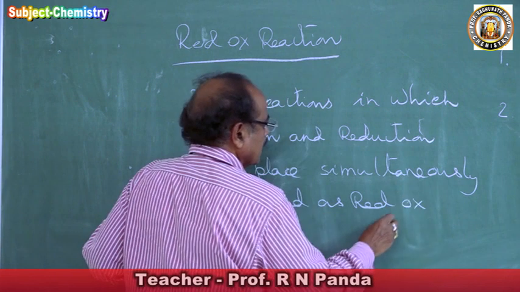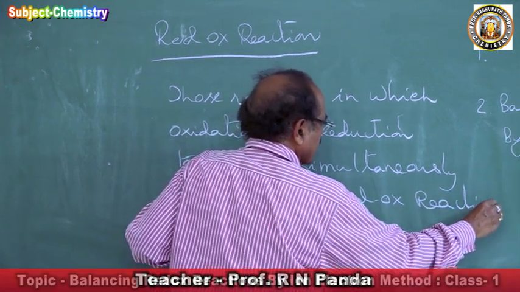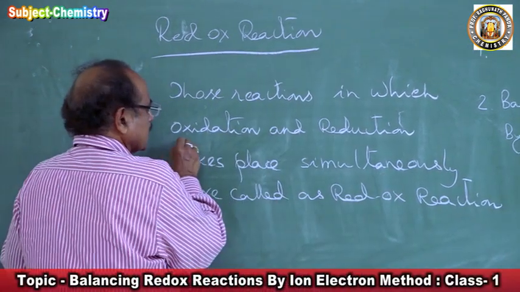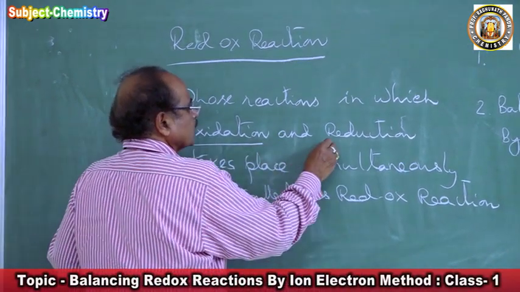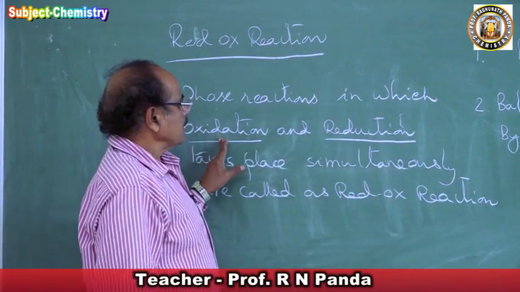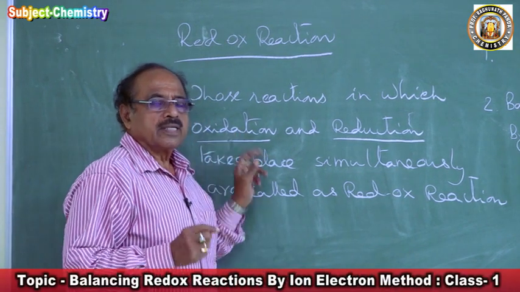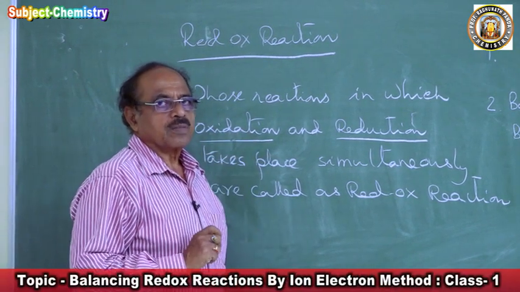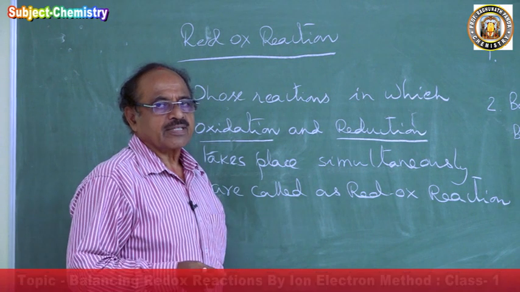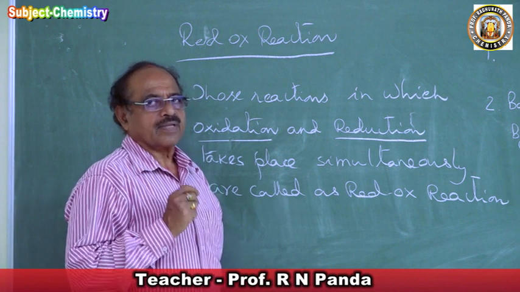Those reactions in which oxidation and reduction take place simultaneously, means oxidation is taking place, so also the reduction is taking place. Now what is oxidation? Oxidation is any one of the processes: addition of oxygen, removal of hydrogen, increase of positive valency, decrease of negative valency, or increase of electronegative element, or loss of electron.